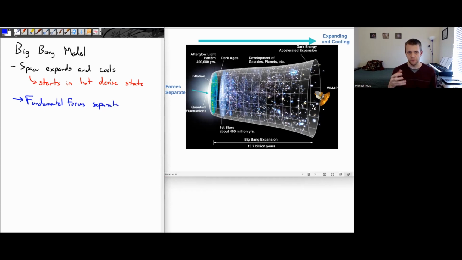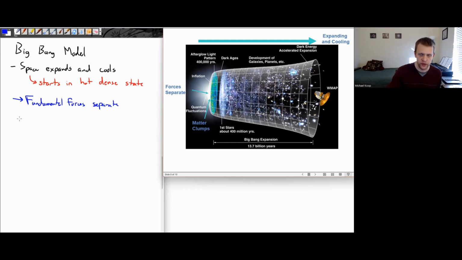So we're going to get the appearance of all of those forces at a very, very early time in the universe. And then as the temperatures go down, matter is going to clump together.